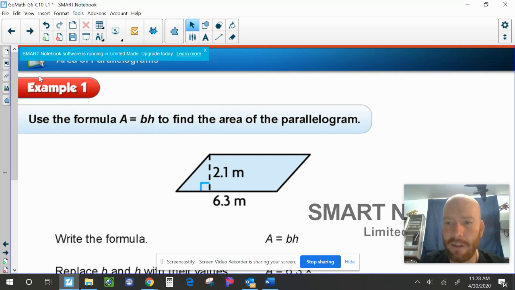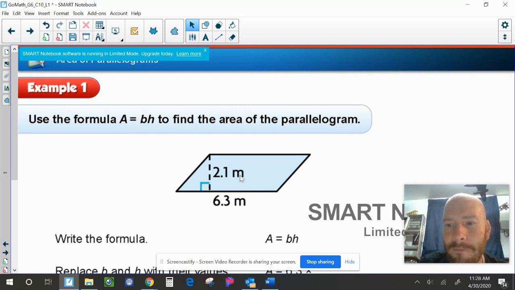And you can always tell on these shapes what is the height, and they're going to try to trick you by throwing in random numbers. You can always tell what the height is because of this dashed line. This dashed line here is going to show us that this is the height. It's not saying this is a separate shape. This is not a triangle. This is a parallelogram, but the height, dashed line, is 2.1.